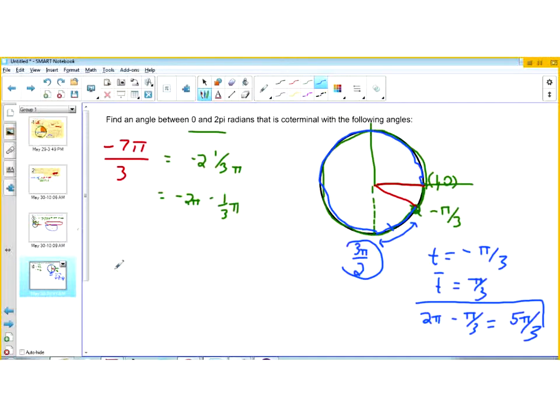So in 38 we have 10 radians, not 10 degrees. So we want to find an angle between 0 and 2 pi that's coterminal with 10.